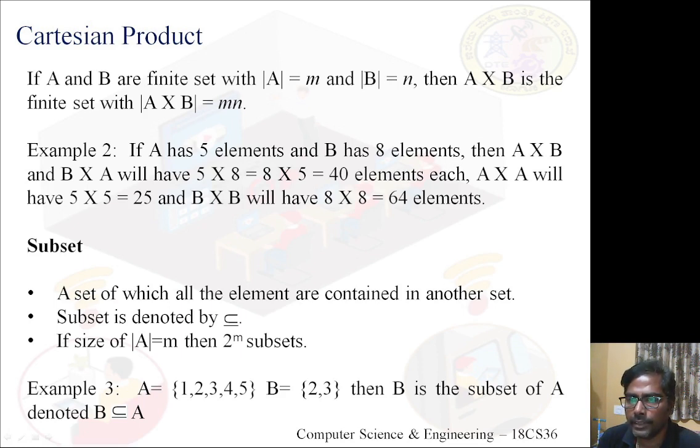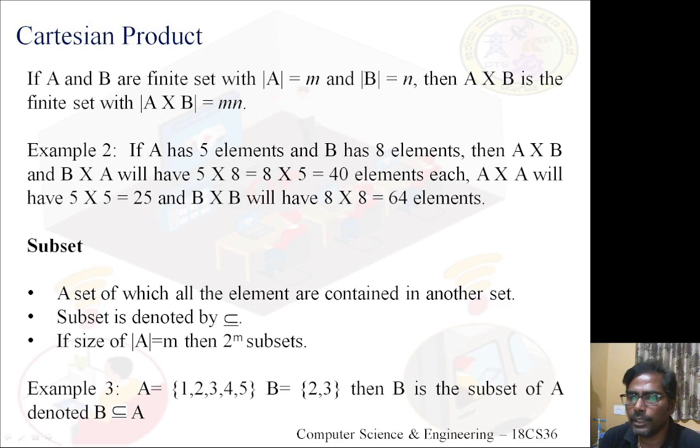Set A contains m elements, that is, size of A equals m, and let set B contain n elements, size of B equals n. Then the size of A cross B is nothing but the product mn.